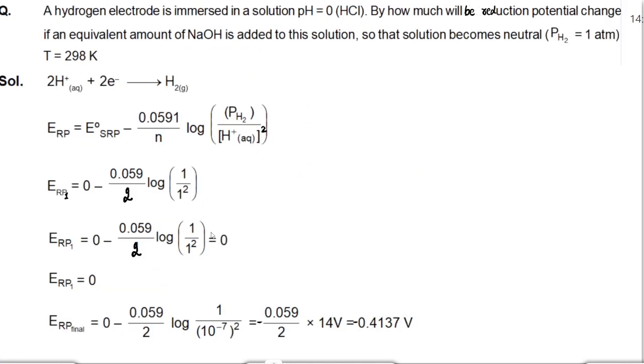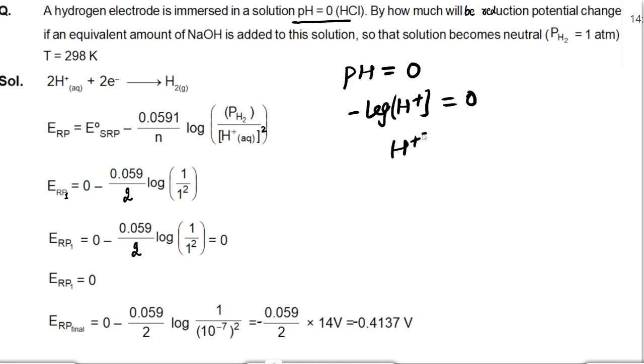Okay. So this is the question: a hydrogen electrode is immersed in a solution whose pH is 0. Now, as pH is 0, that means minus log of H+ ion concentration is 0.